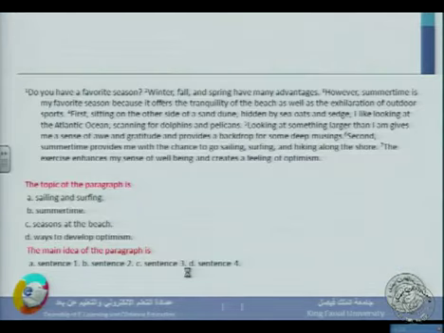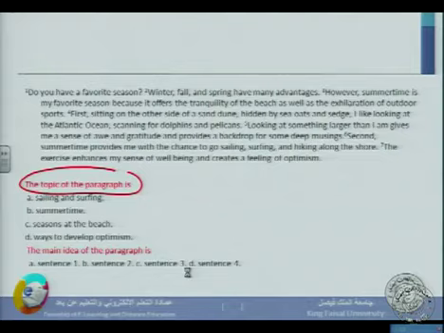For example, this is one example of skimming for the topic and for the main idea. First of all, where can we find the topic of the paragraph? You just read the first sentence. Do you have a favorite season?